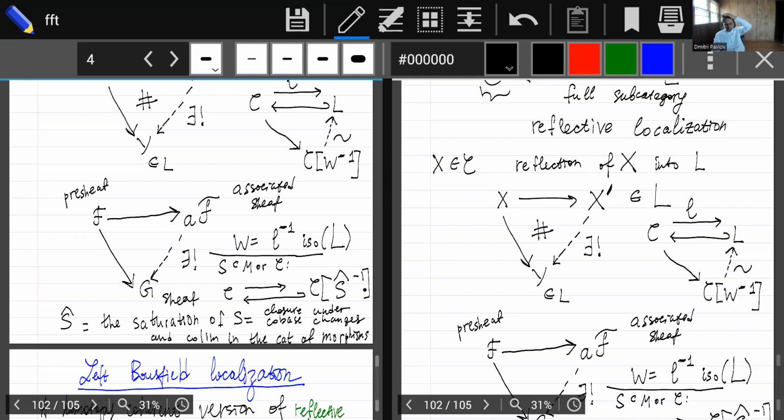And it will be this construction that we will be trying to generalize.